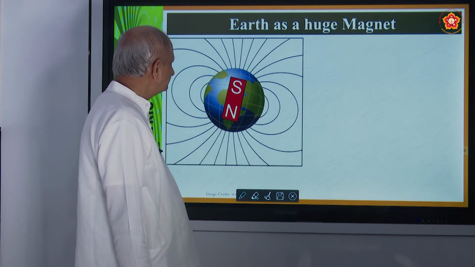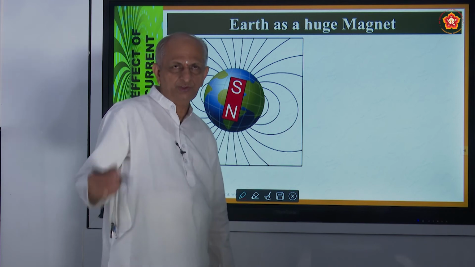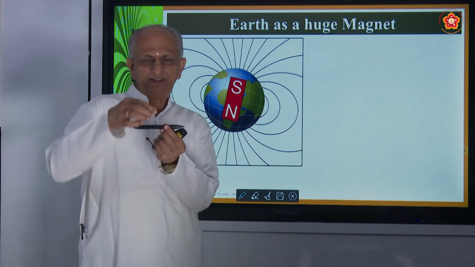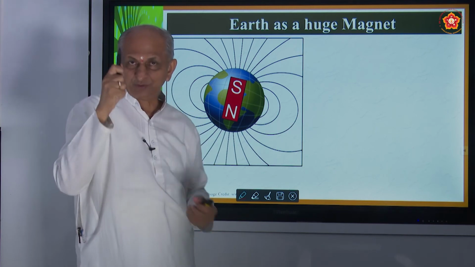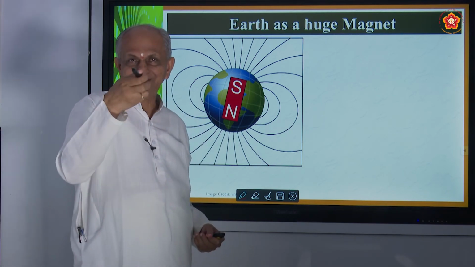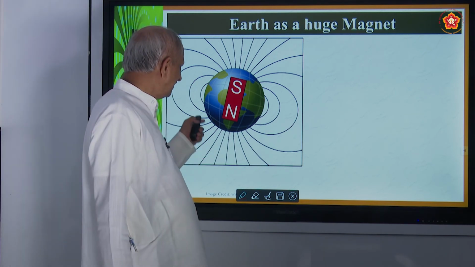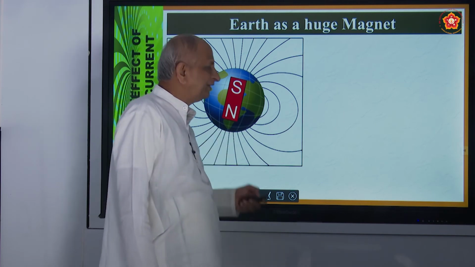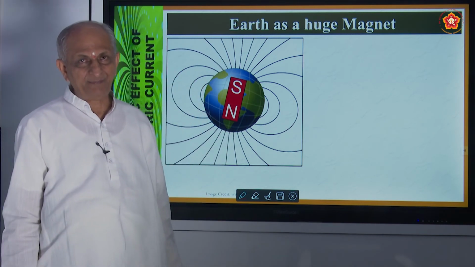One important point you must note: when a magnet is suspended with a thread, it always comes to the north-south direction. The question will arise, why? Not east and west, always north and south. The reason is, our earth itself is taken as a huge magnet. How does the earth get the magnetism?